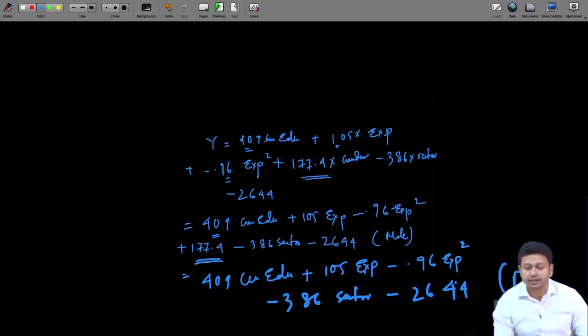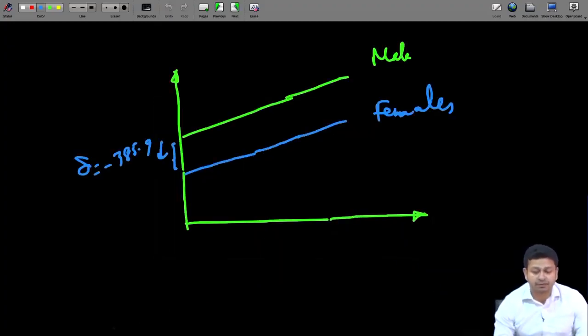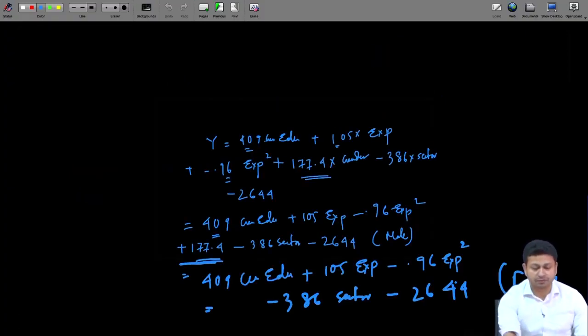The only thing that is changing is that you are basically vanishing this value of the gender coefficient for females. So for males I have just added the delta term, which in this case is 177.4, whereas for females it is not there.